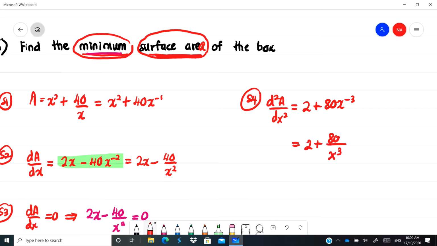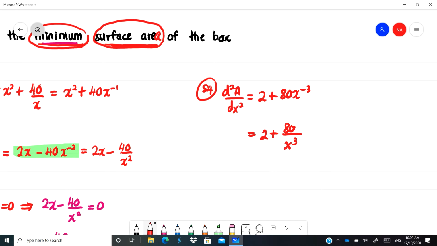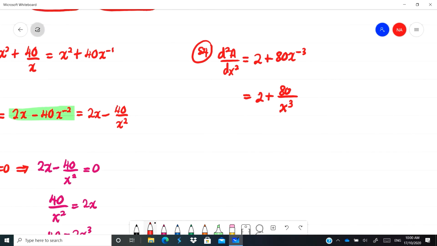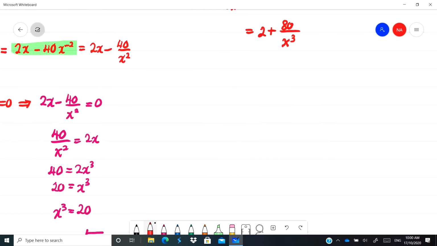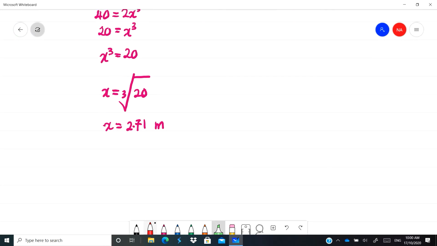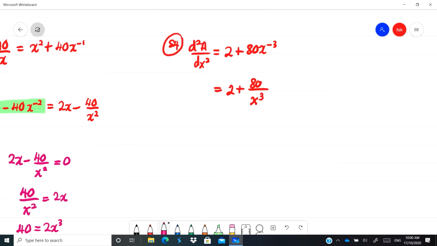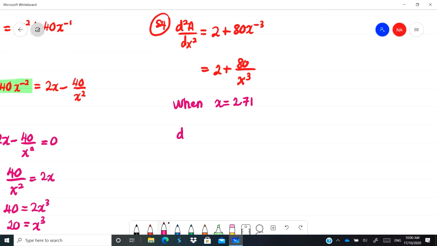Before we find the minimum surface area, we have to check whether this d squared A over dx squared is greater than 0 or less than 0. So we substitute the value of x with 2.71 into this formula. We'll have 2 plus 80 over 2.71 to the power of 3.